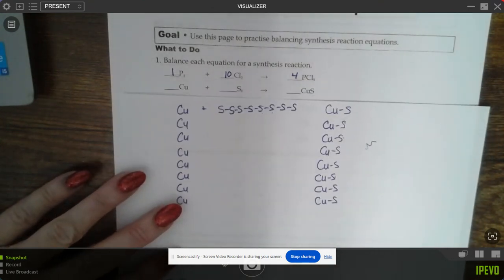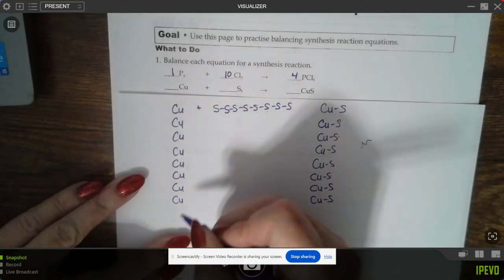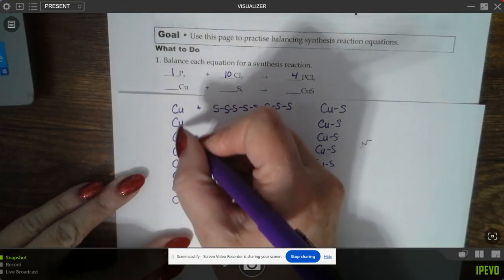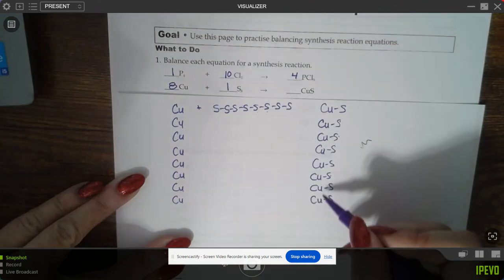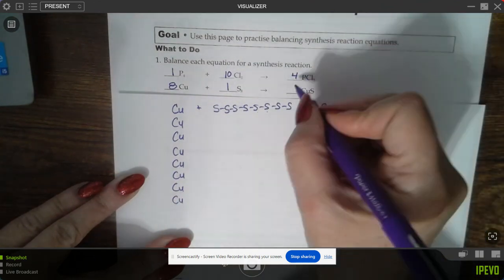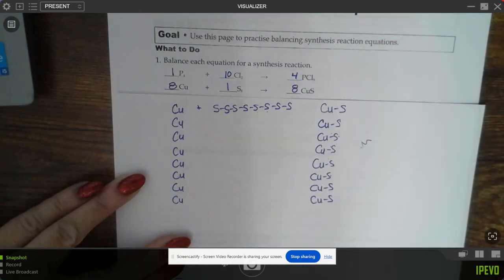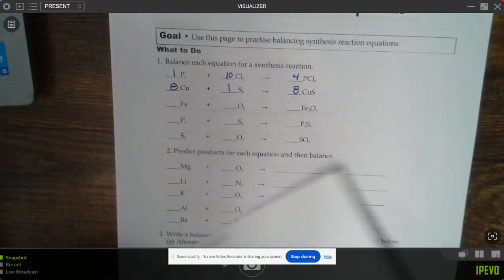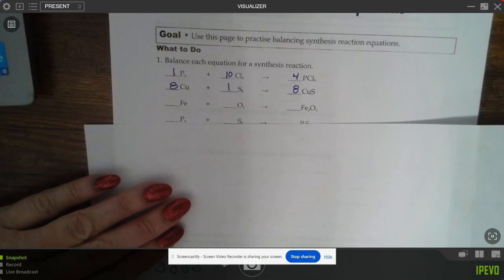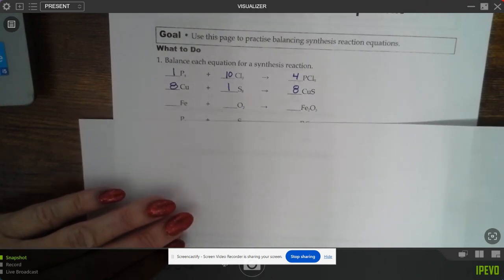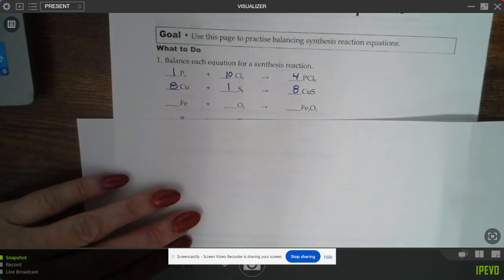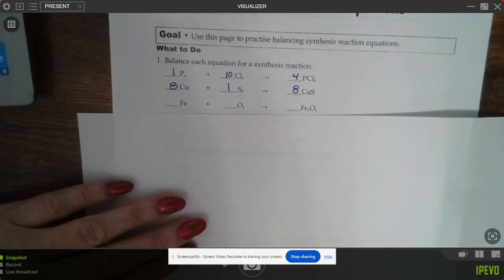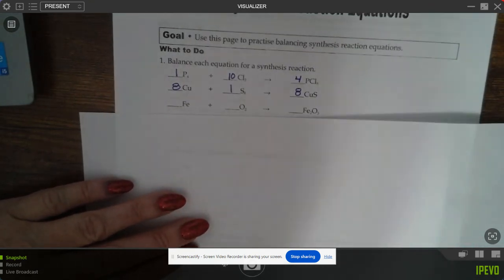Okay, so what we are going to have for coefficients here is 8, 1, and 8. All right. And I'm just going to kind of alternate back and forth with methods that I'm using, okay? Because it truly is up to you what works best for you and your brain, okay?